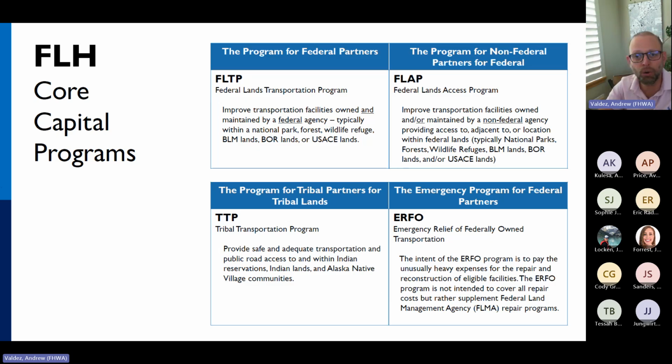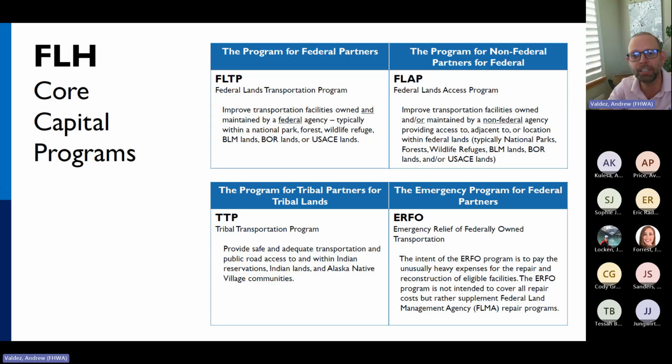So these are our core capital programs. Today, we're going to be mostly talking about the Federal Lands Transportation Program, or FLTP, and the Federal Lands Access Program, or FLAP. These two programs were established to address access to and through U.S. federal lands.